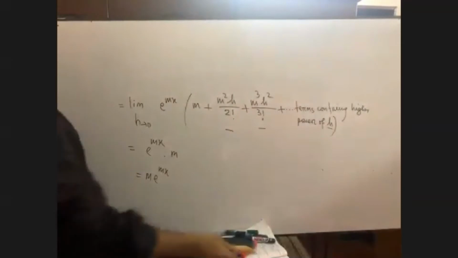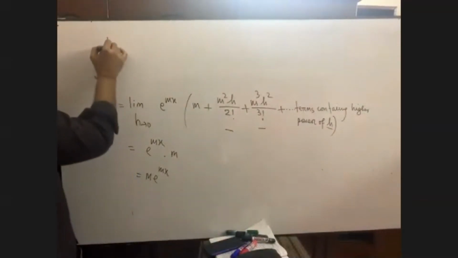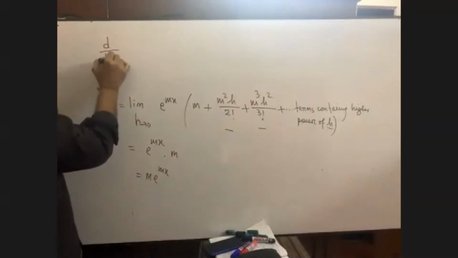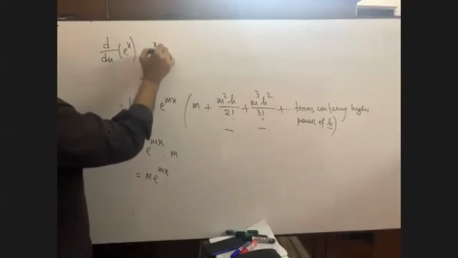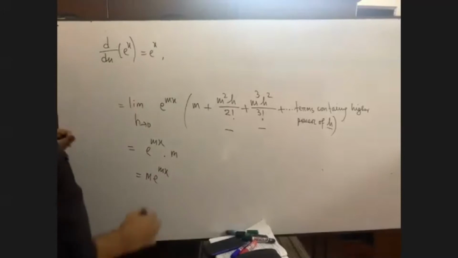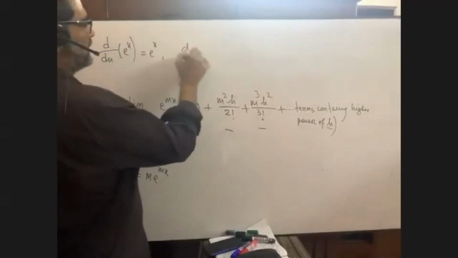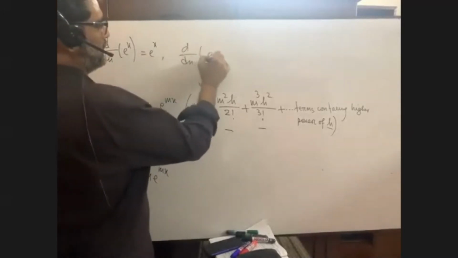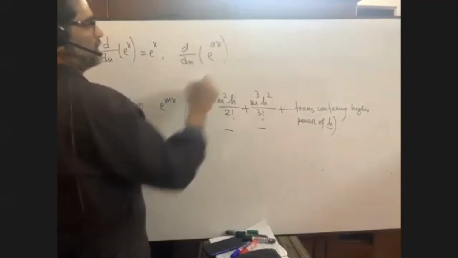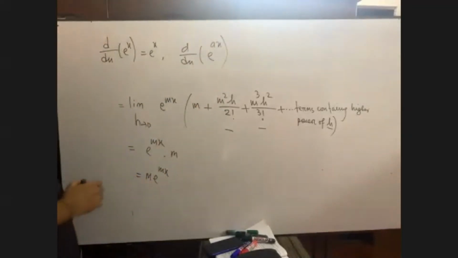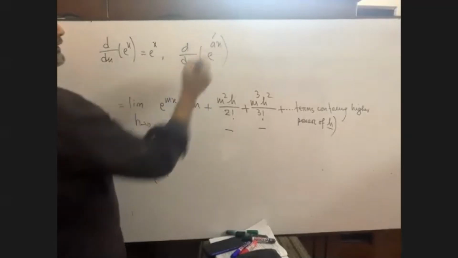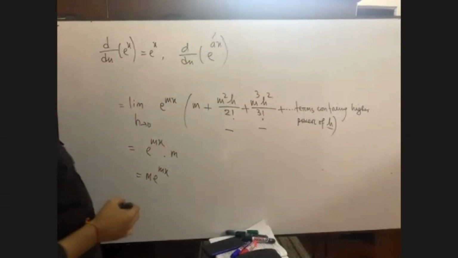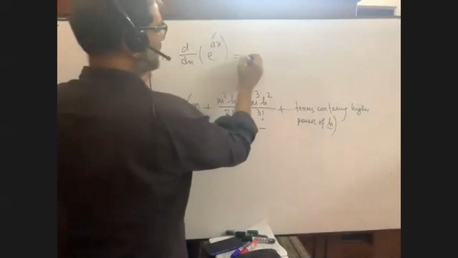So what we have come to know from this math: we normally know d by dx e to the power x is e to the power x. Now d by dx e to the power ax, suppose. You see the difference. There is a coefficient of x, it is a. Then what should be written? This a will be written at first, nothing else.